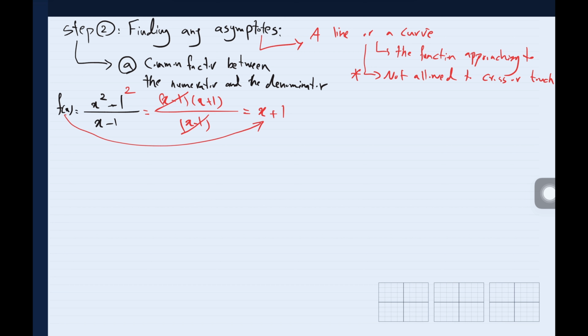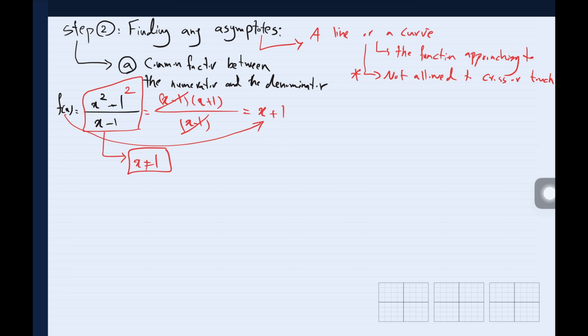However, as you know, the first step was finding the domain of the function. If you look at this function, the domain would be R except 1. Why?